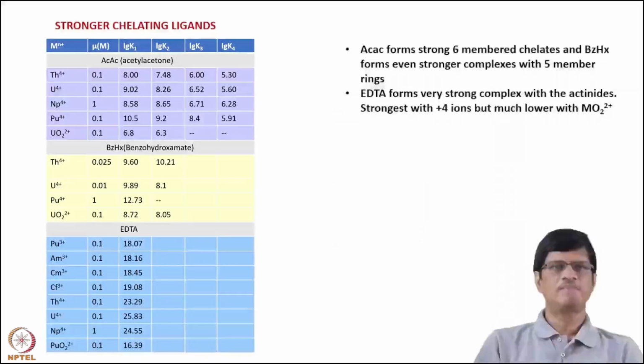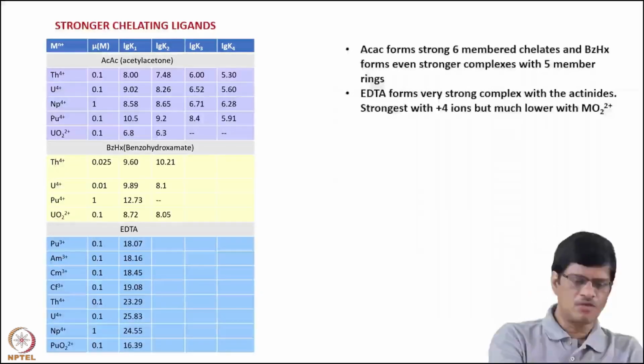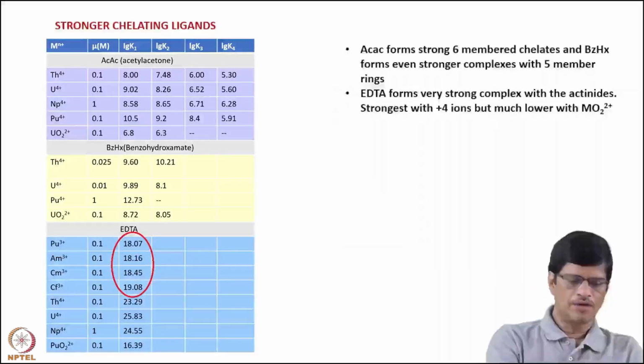You can see here that trivalent actinide ions like plutonium 3+, americium 3+, curium 3+, berkelium 3+, and californium 3+ have stability constants very close to 18.